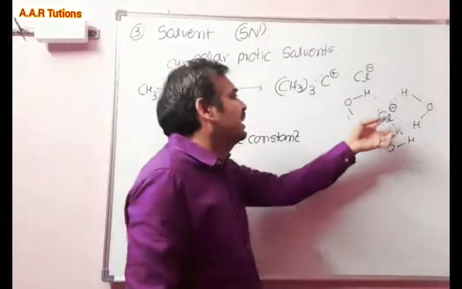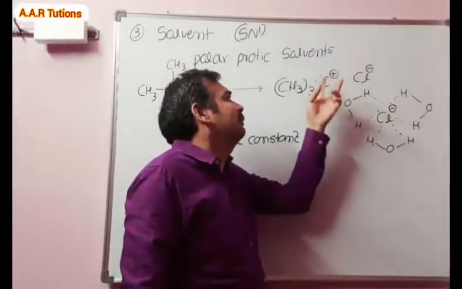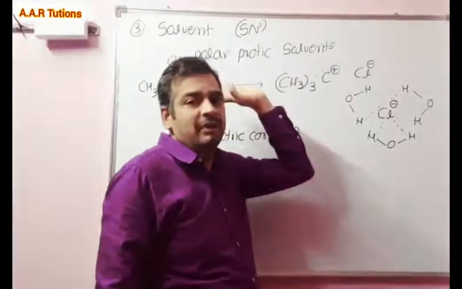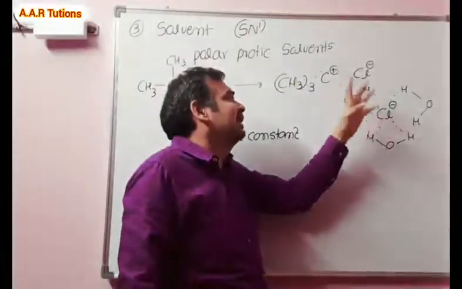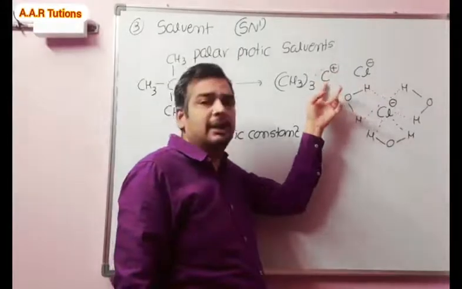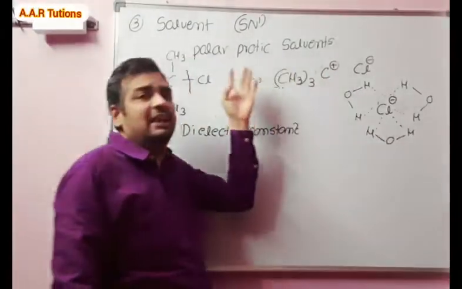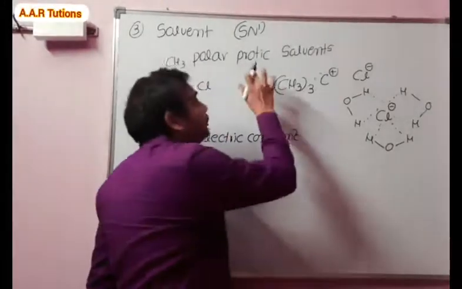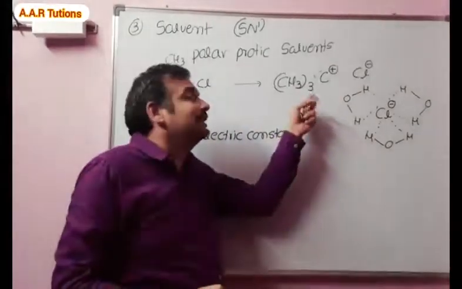So there is no chance for this Cl minus to attack back on the carbocation. That is the reason why Cl minus ions will not attack the carbocation to shift the equilibrium backward. Also, these protic solvents generally stabilize the carbocation.